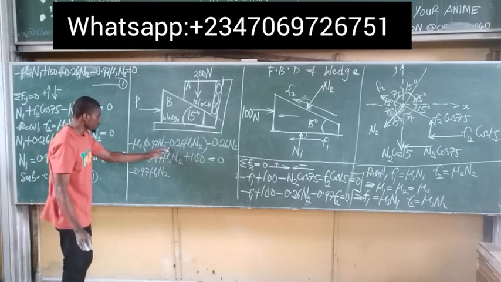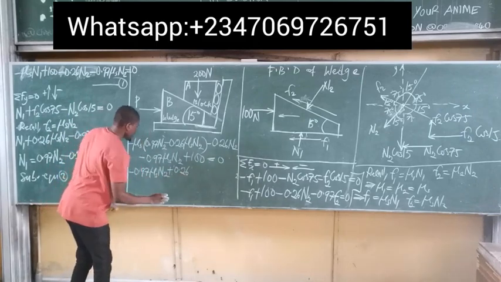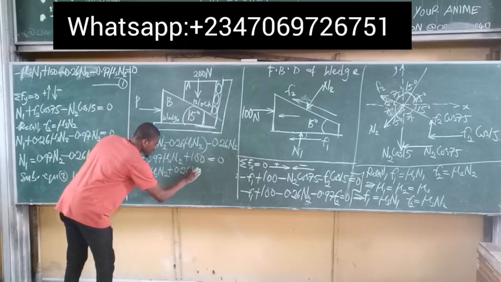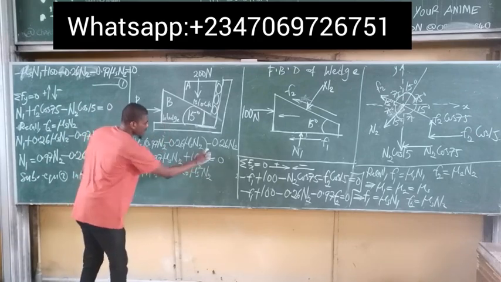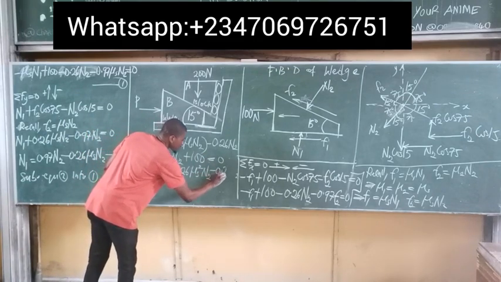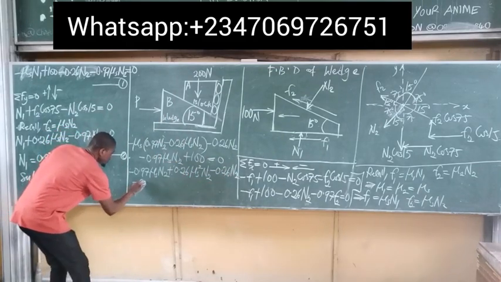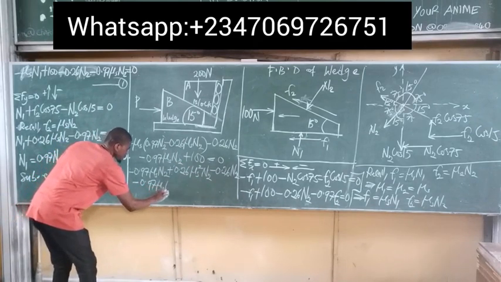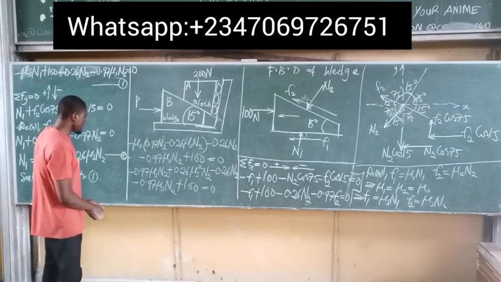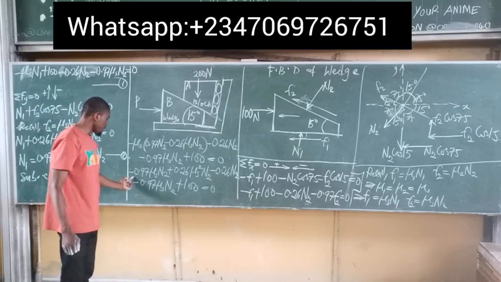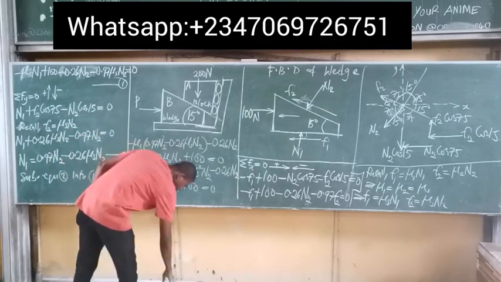Minus times minus is plus, so I'll simply have plus 0.26, mu x times mu x gives us mu x all squared, n2, minus 0.26 n2 minus 0.97 mu x n2 plus 100 equals 0. So I think here something can go. I have minus 0.97 mu x n2 minus 0.97 mu x n2, so these two can add.